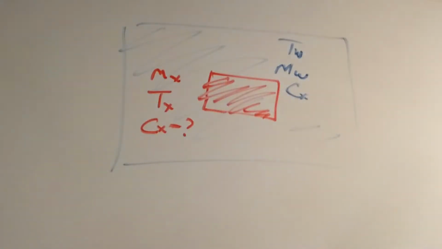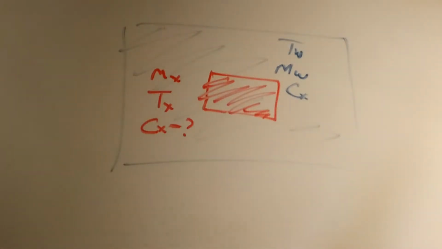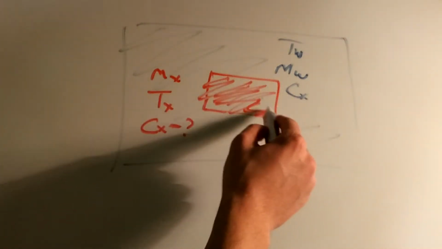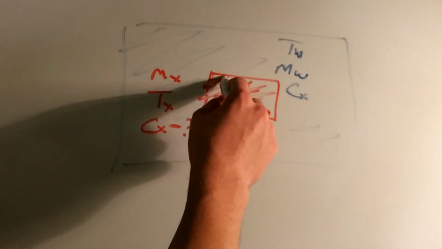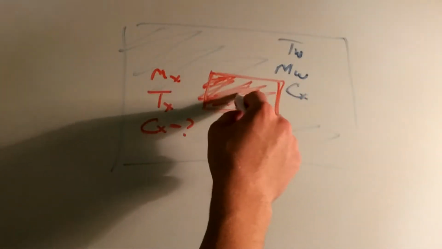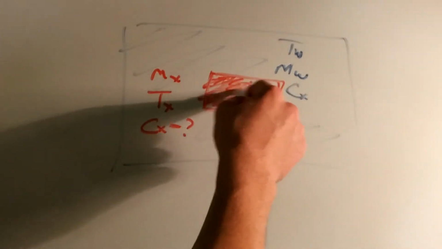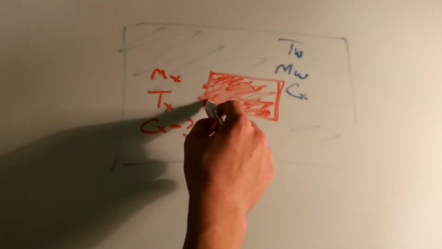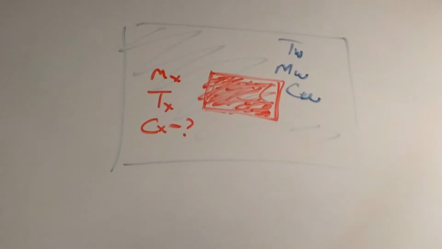Now here, as we can see, since the sample has a higher temperature than the water, heat will be released from the sample into the water. So basically we can calculate the equilibrium temperature that will be reached in the system, and by that we can calculate the specific heat of this sample.